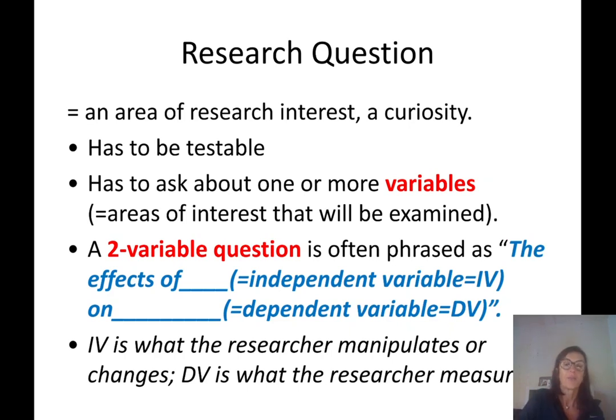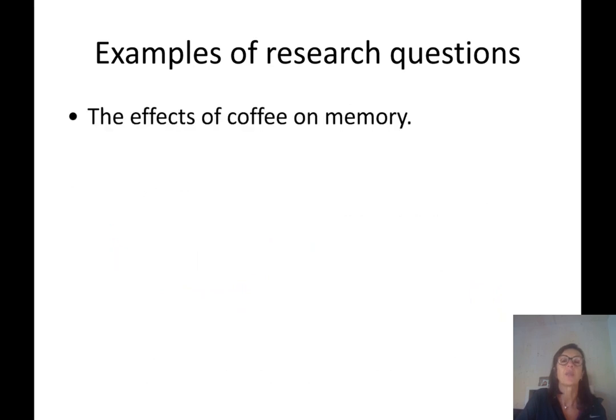So hold on for a second. We're going into examples of these research questions. Let's say the effects of coffee on memory. From what I just told you, which one is the independent variable? Which one is the dependent variable? Well, I said previously the effects of independent variable.